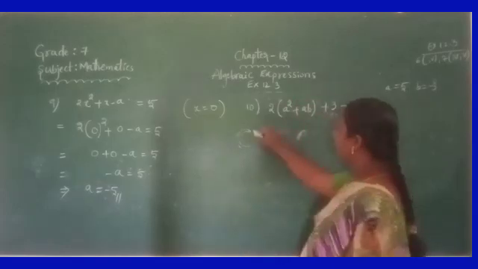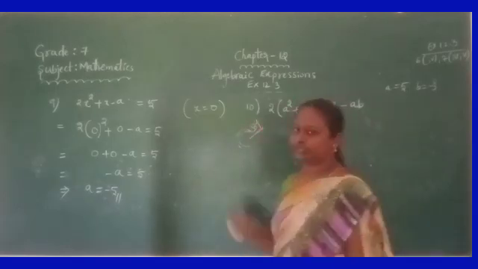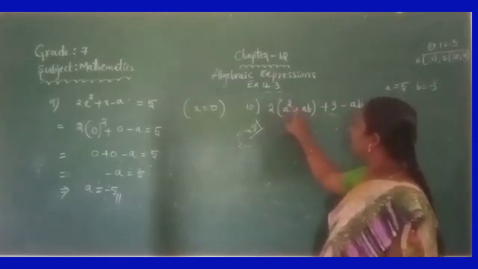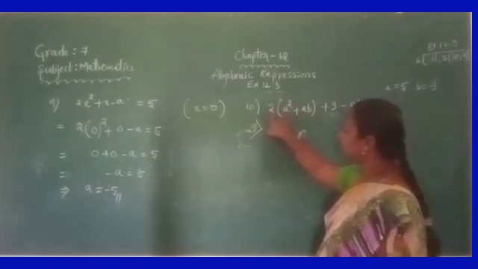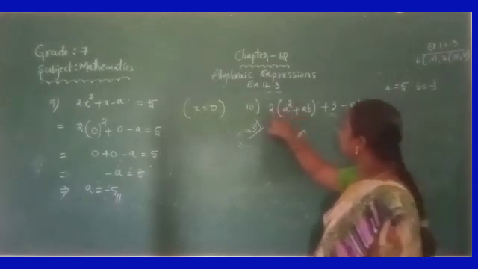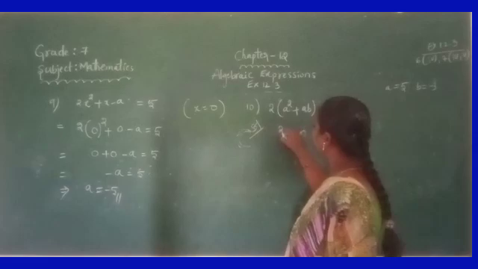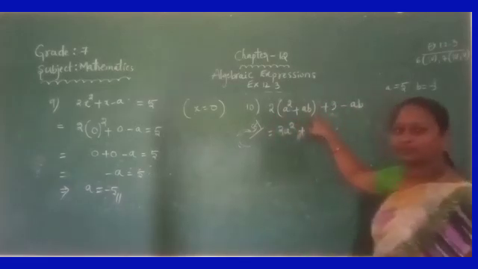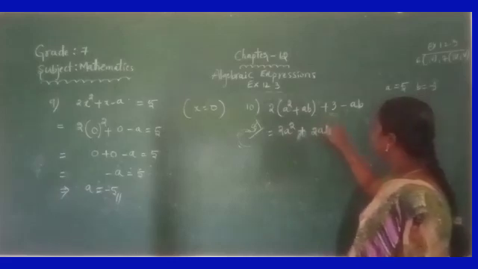Before finding the value of this expression, first we have to simplify. How to simplify here? 2 into (A square plus AB). First you have to multiply 2 into each term. That is 2 into A square, 2A square, plus 2 into AB, 2AB.